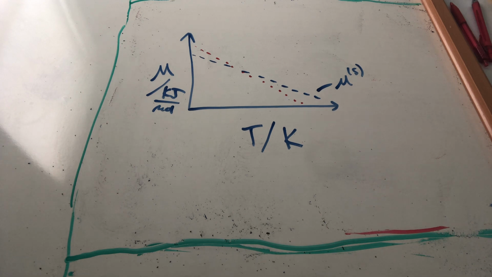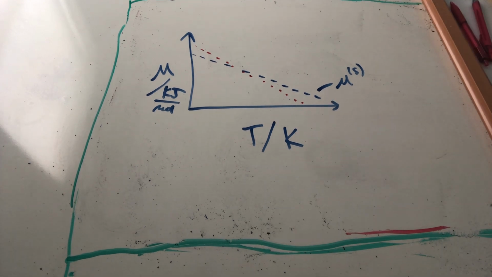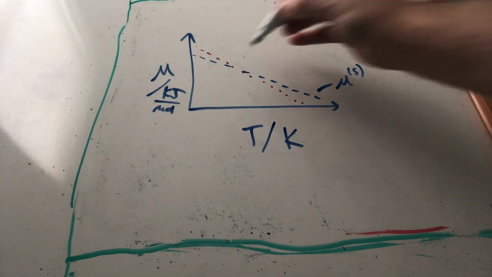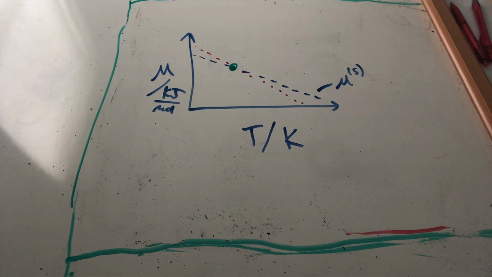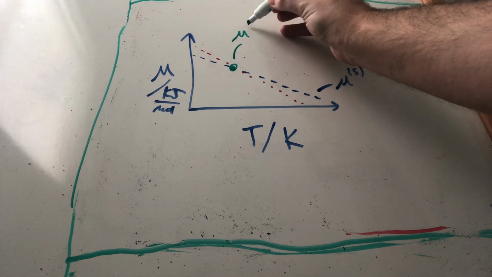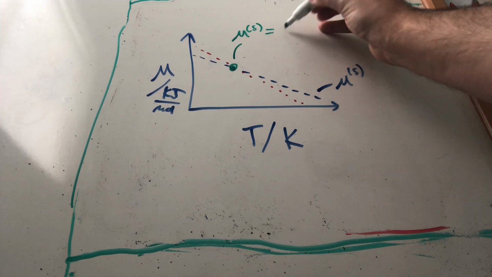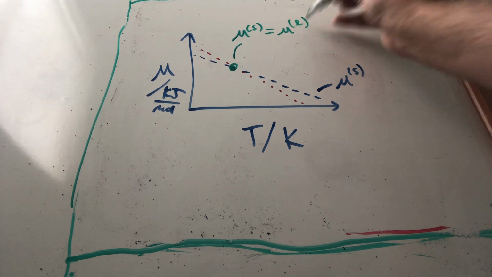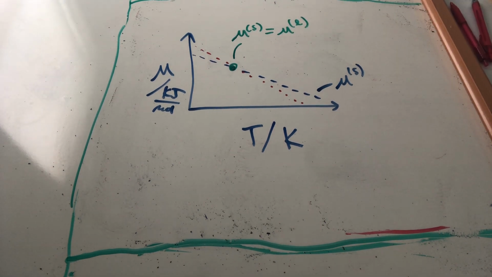Now, we can see what happens where these curves intersect, the point where the red and the blue meet. What is that point? That's the point where mu solid equals mu liquid.